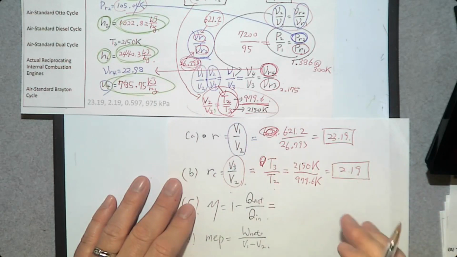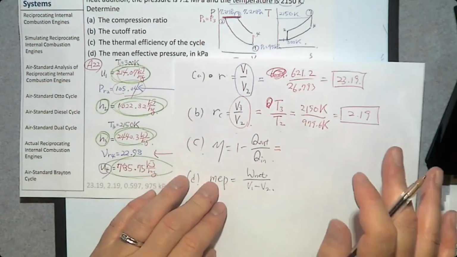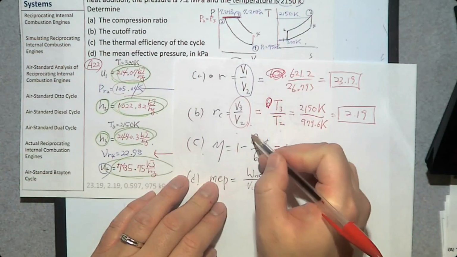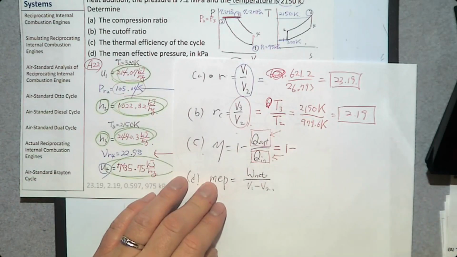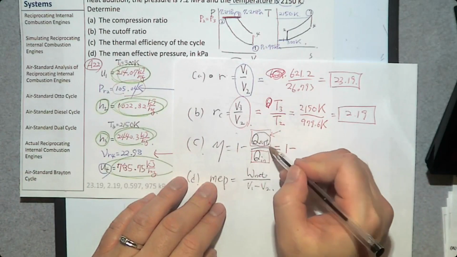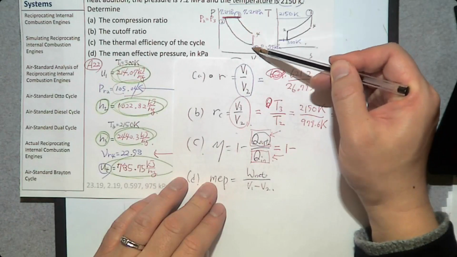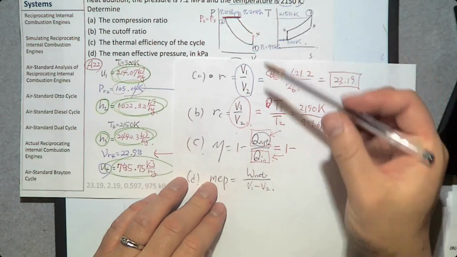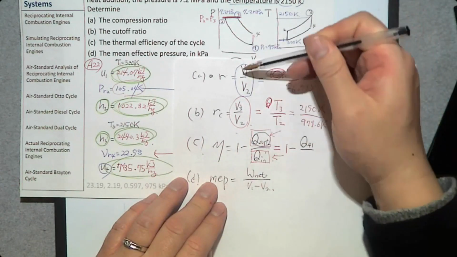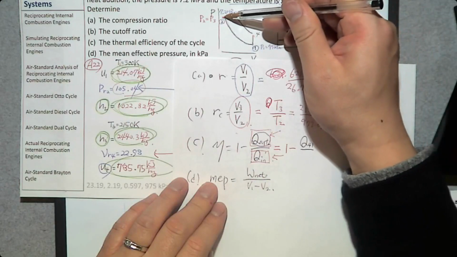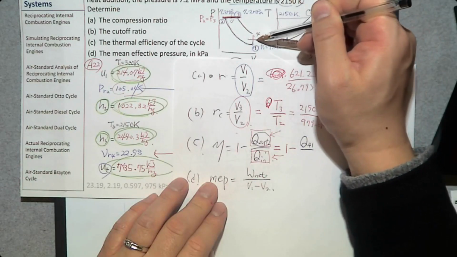What about the thermal efficiency? We already studied the energy balance equation that has Q in and Q out. By the way, Q out is the heat rejection after this power stroke. So Q out is Q41, divided by Q in, which is Q23, where heat goes in after the compression process.